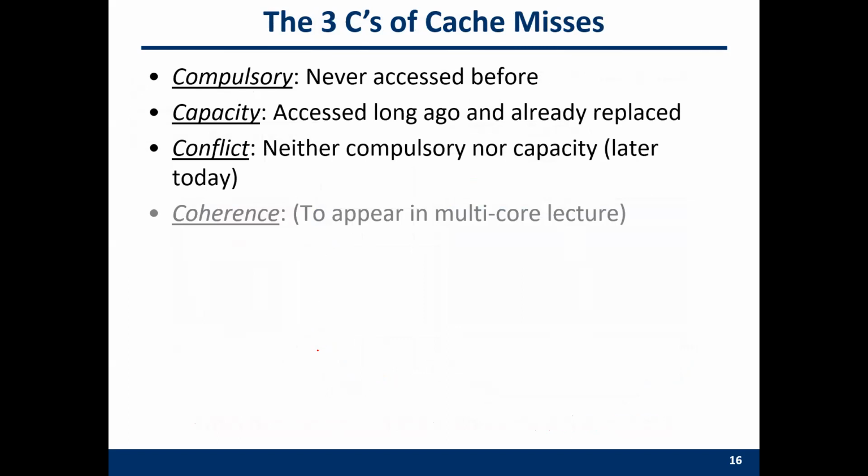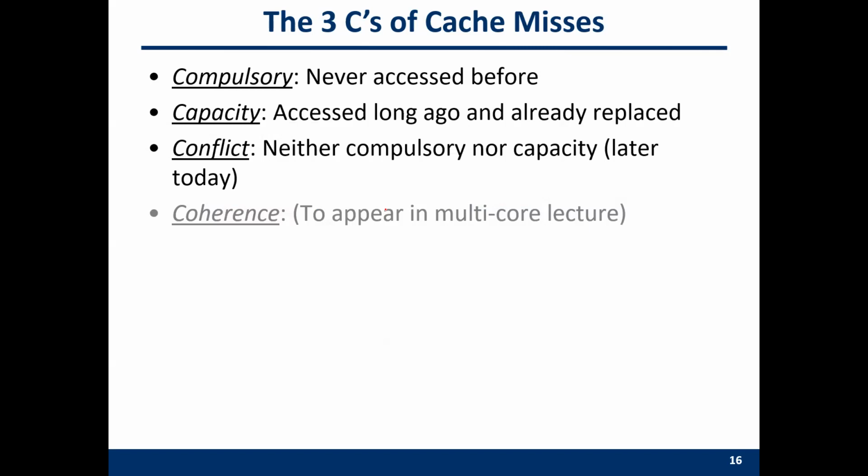There are 3 common miss cases. One is compulsory, which means you have a very cold cache. Your cache is empty. You have nothing in the cache, so during that time, you always have a miss. The second one is capacity. Because of the limited capacity of your cache, you have a miss. And the third one is conflict.